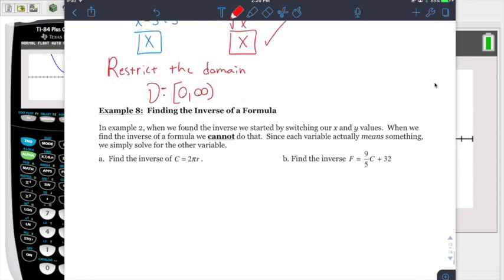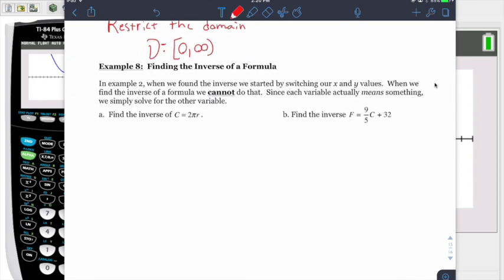Okay, next thing here is just finding the inverse of a formula. Essentially, most of the times that just means solve for the other variable. Earlier we found inverses by switching x and y, but if we're doing an inverse of a formula with different letters, we can't really do switching in an x and y. So it just means solve for the other variable.